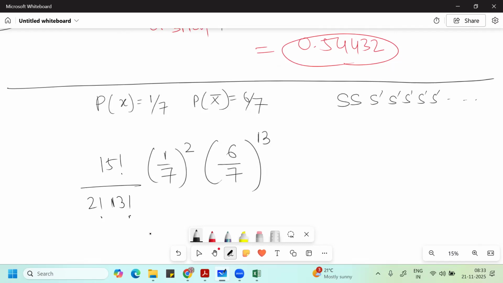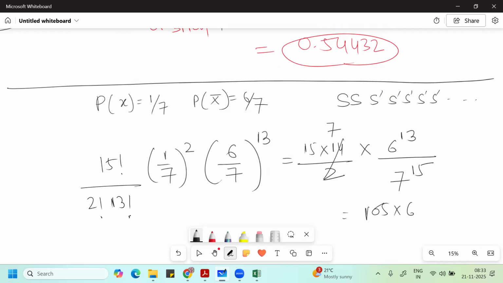So how many ways can you arrange? This is nothing but 15 into 14 by 2, 13 factorial gets cancelled, into 6 to the power 13 divided by 7 to the power 15. 15 sevens is 105. So 105 into 6 to the power 13 by 7 to the power 15.